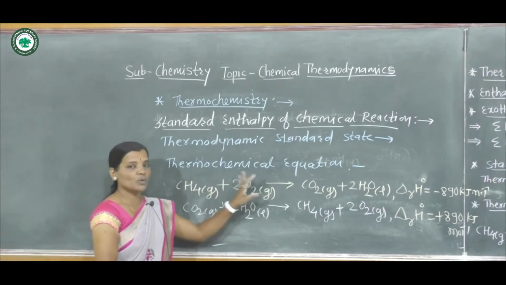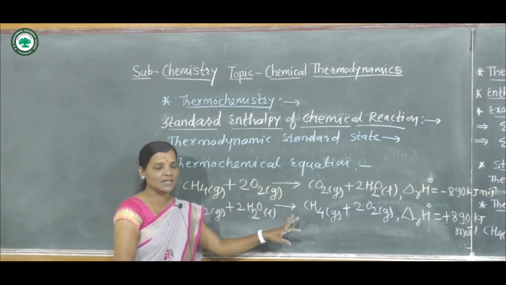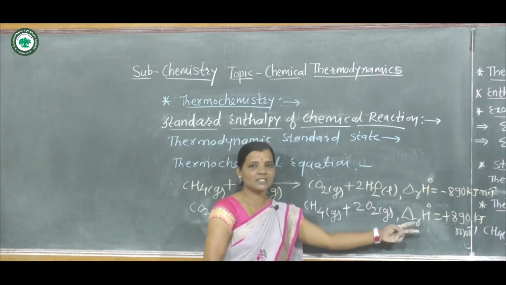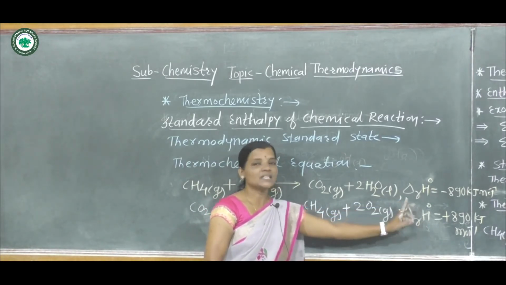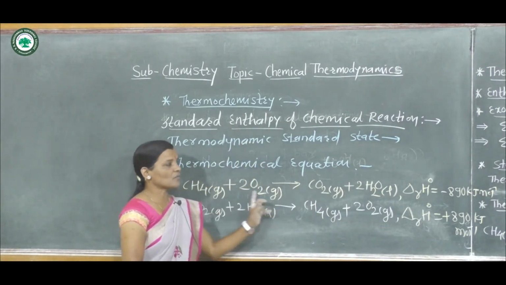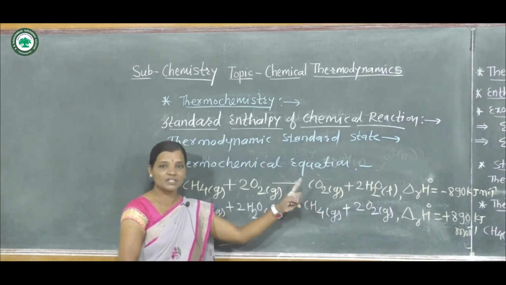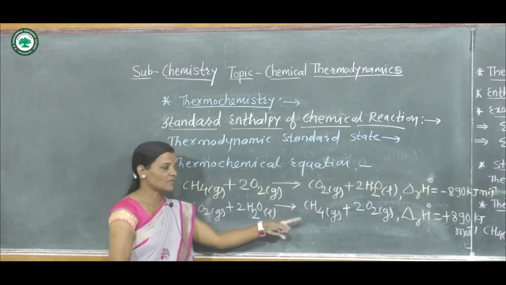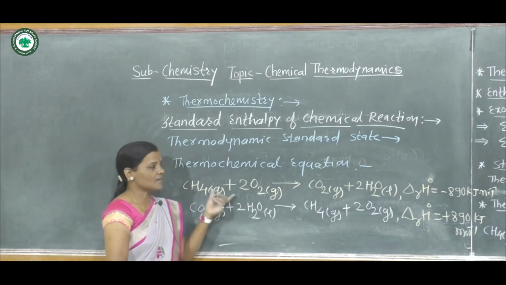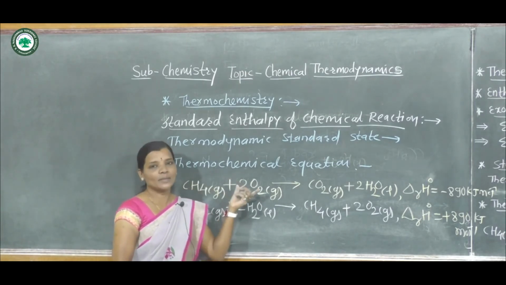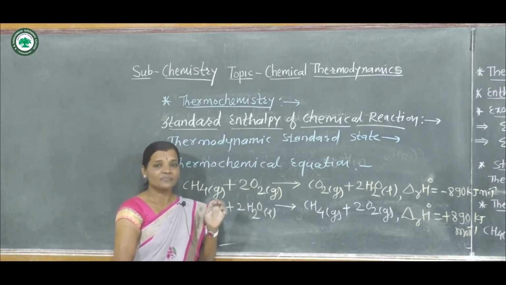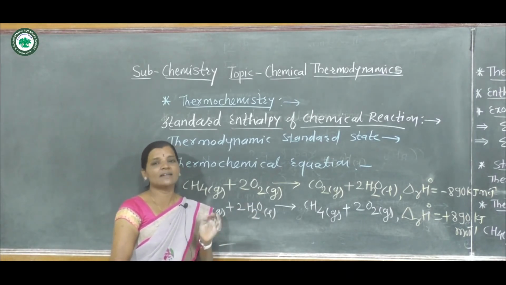That means only the reaction is reversed, so the magnitude of enthalpy change remains the same, but the sign is opposite. So if the forward reaction is exothermic in nature, then the backward reaction is endothermic in nature. And this is called a thermochemical equation, and such equations are always written at standard states.